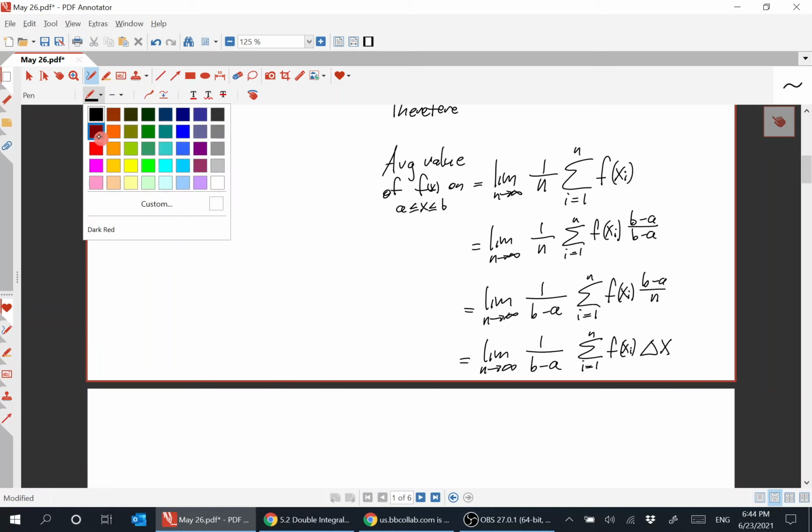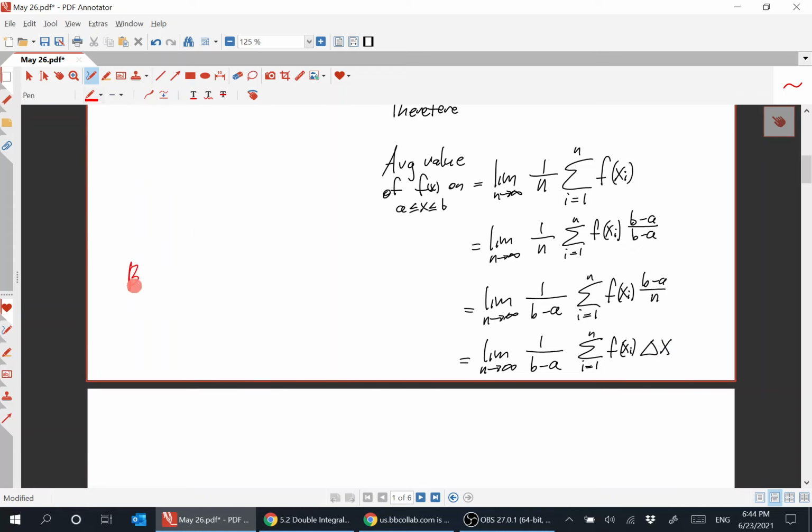Now, by definition, the integral from a to b of f of x dx is equal to what? What is the definition of the integral from a to b of f?